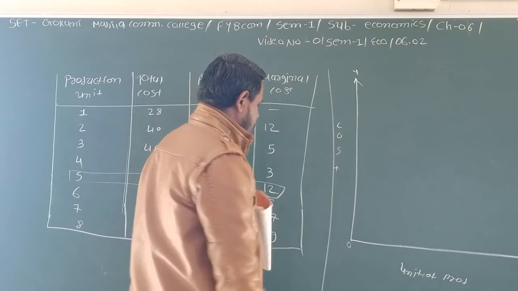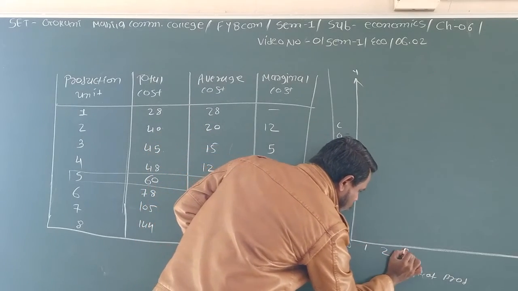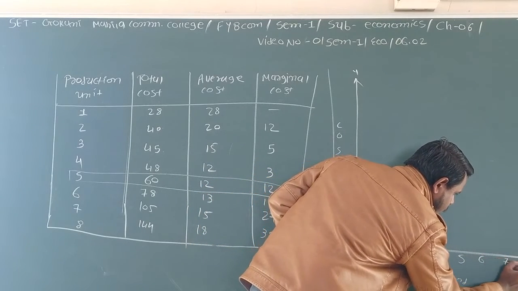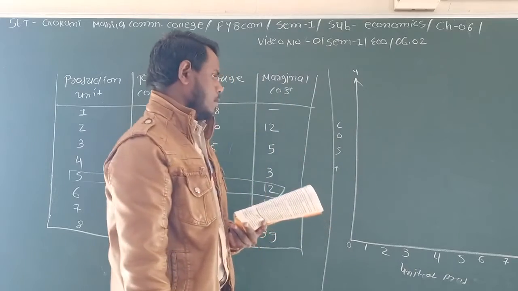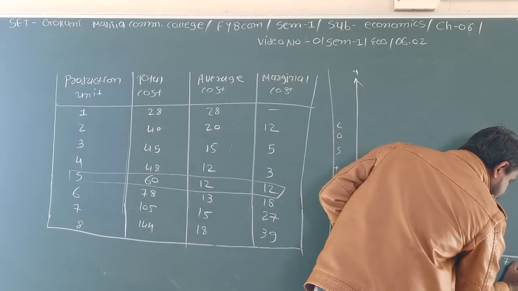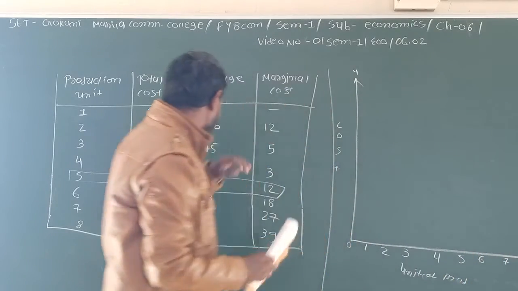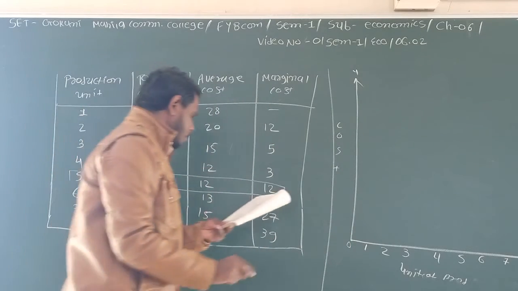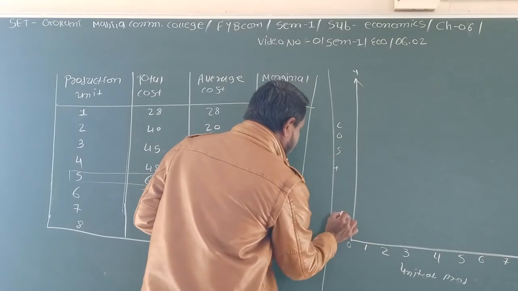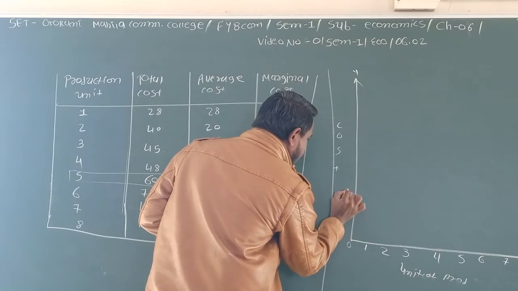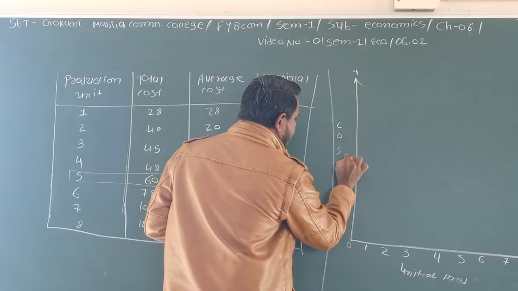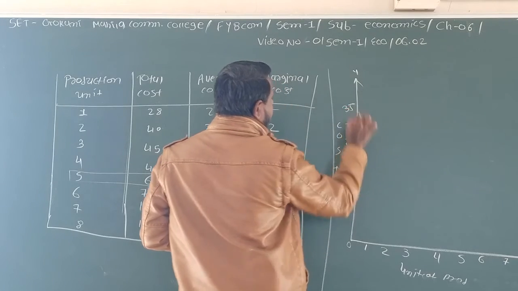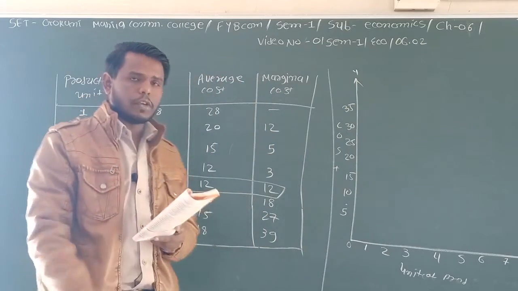So here from 1, 2, 3, 4, 5, 6, 7 and 8 is the units of production which is given here, and then the total cost is given here.